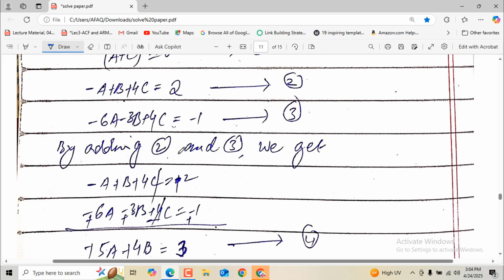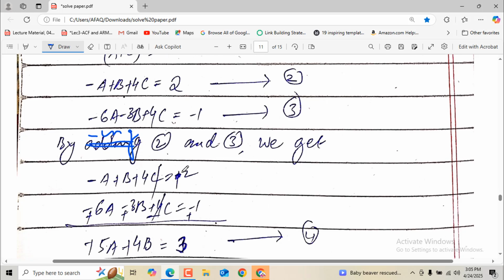By adding 2 and 3, we will get -A + B + 4C = 2 and -6A - 3B + 4C. Not adding, sorry, subtracting 2 and 3.